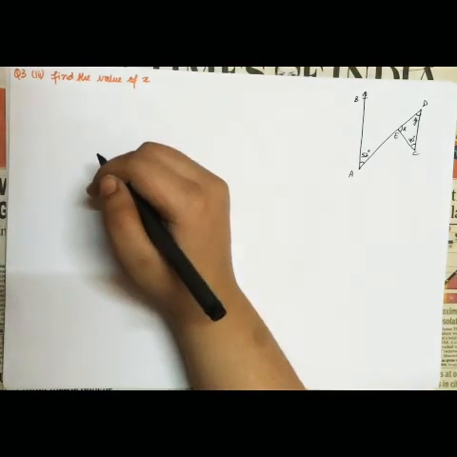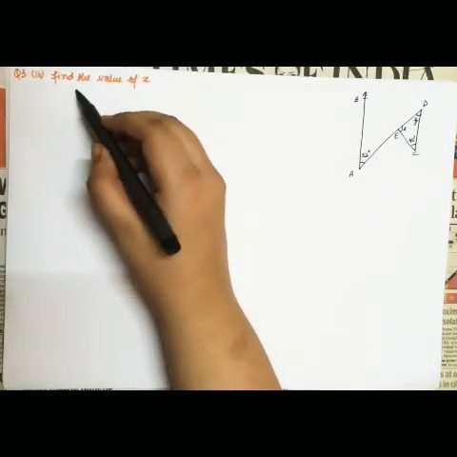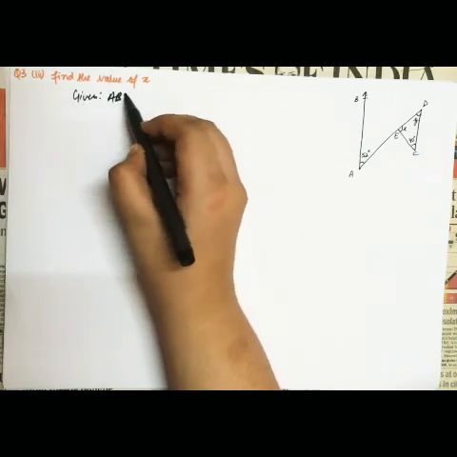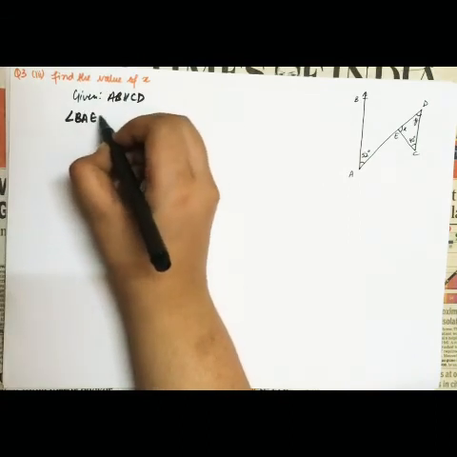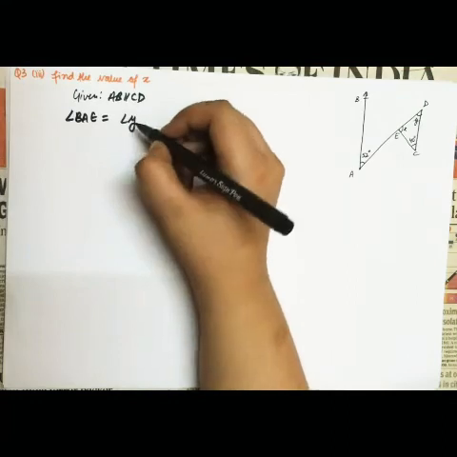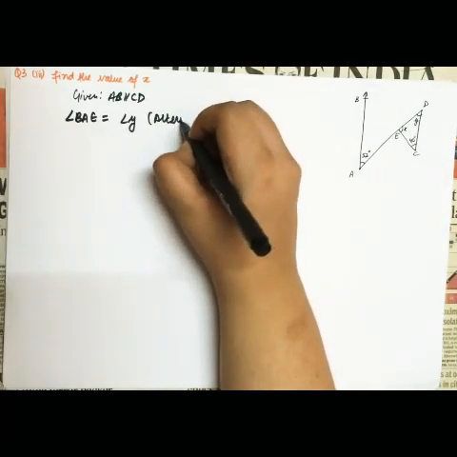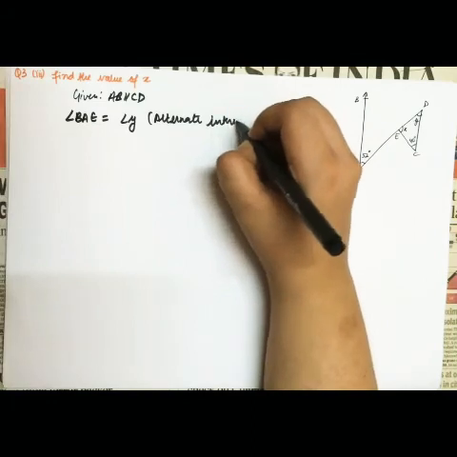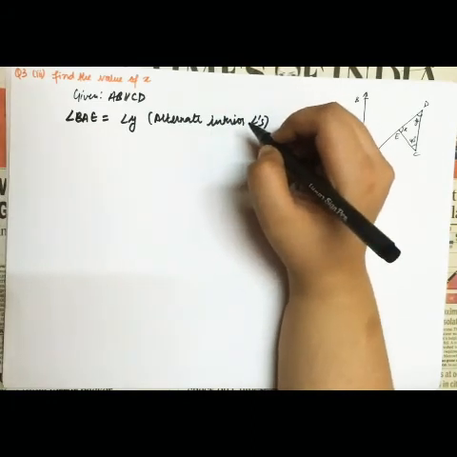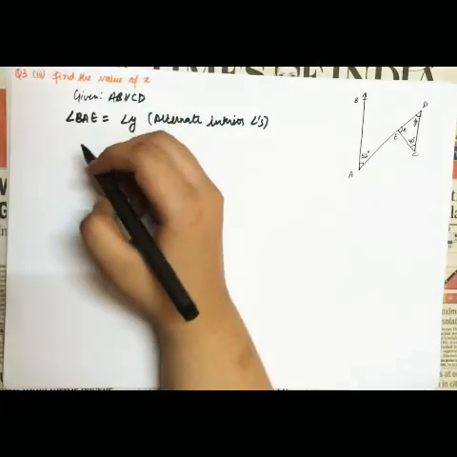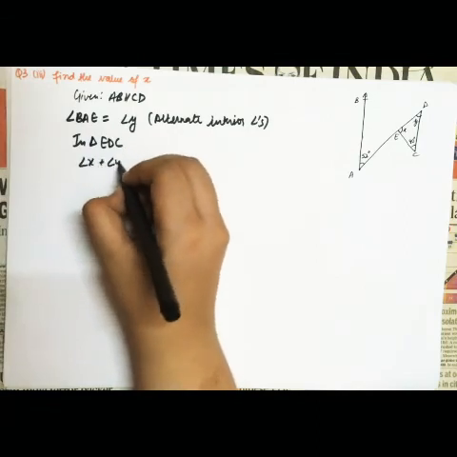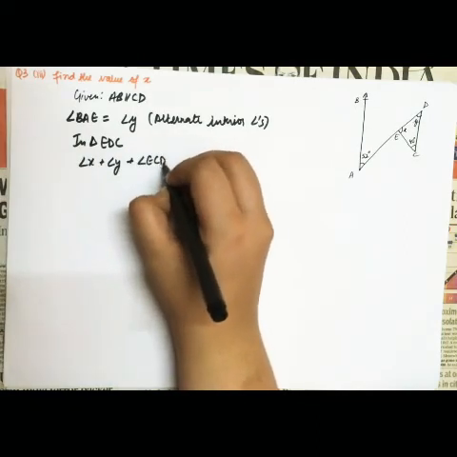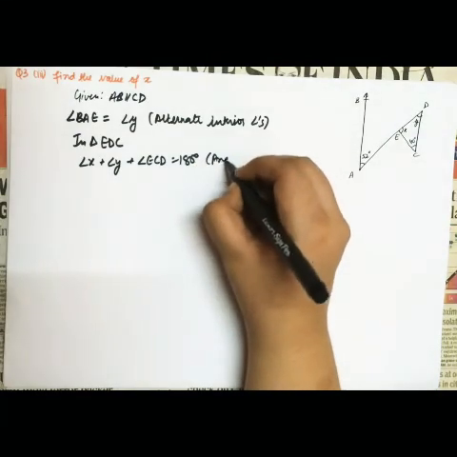Now question number 3. In this we have to find the value of x. In this we are given that AB is parallel to CD. So therefore angle BAE is equal to angle Y because of alternate interior angles. Now in triangle EDC, you can see that angle X plus angle Y plus angle ECD is equal to 180 degree because of angle sum property.